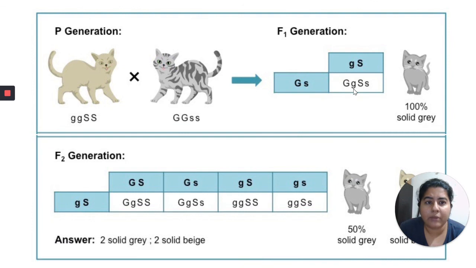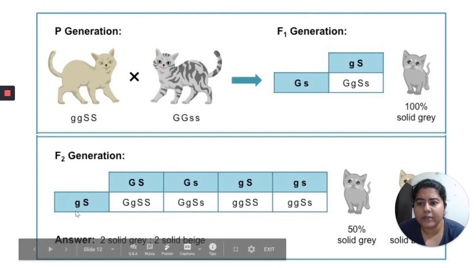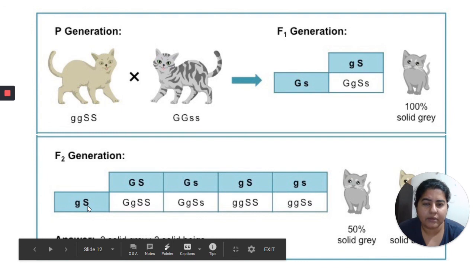So if the F1 is capital G, small g, capital S, small s, it is crossed with a parent that is recessive for color of the fur and dominant for the striped nature. So here the other parent is small g, capital S. Make sure you have read the question carefully, and then you get the F2.